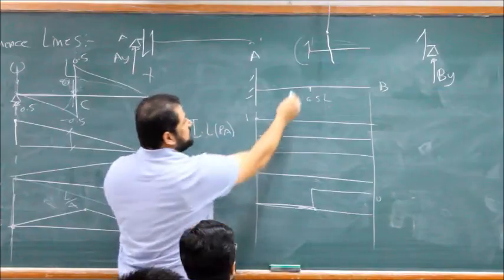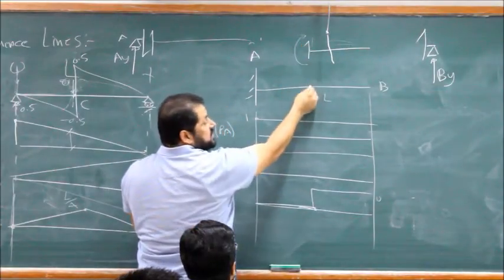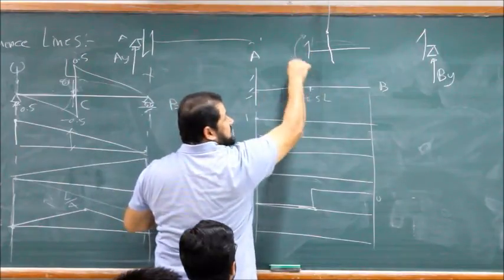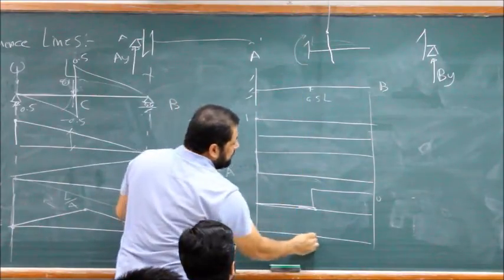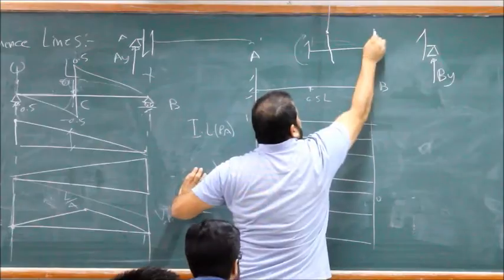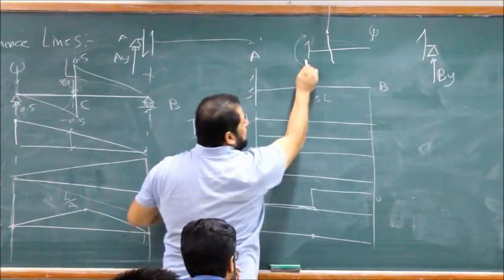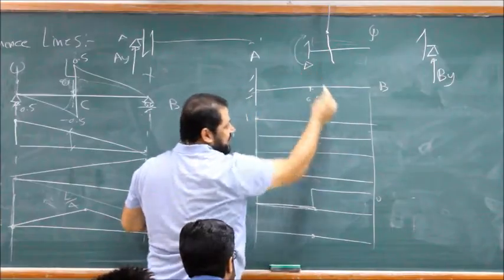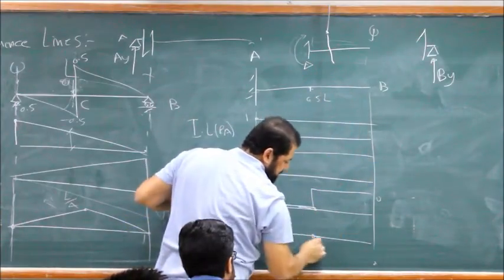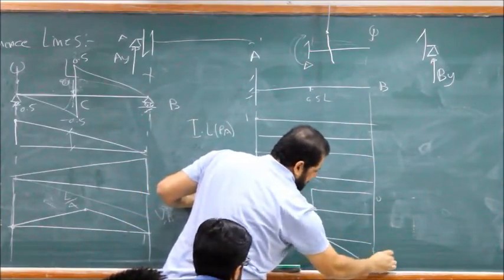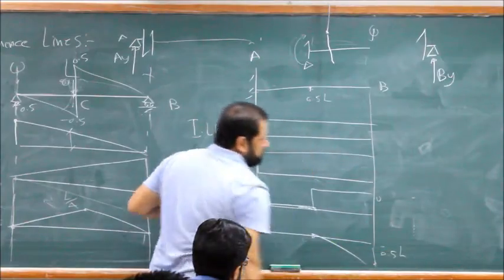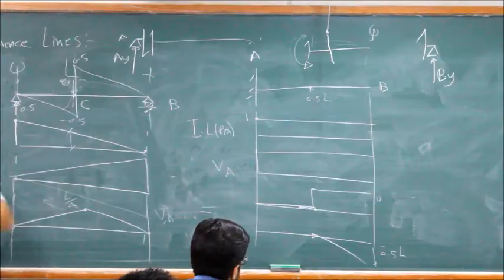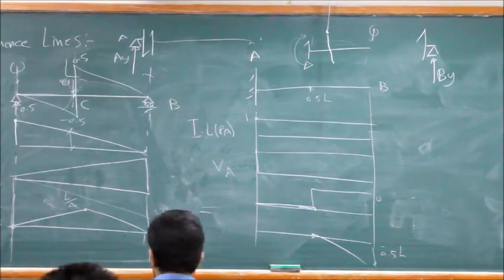How about the moment here? Influence for the moment here. Easy. Nothing. This is your section. Is there any moment here? Nothing. When the unit load is all the way here, the moment will be in this direction, equal to this times 0.5L, which is negative. Just take a cut and show what you want.